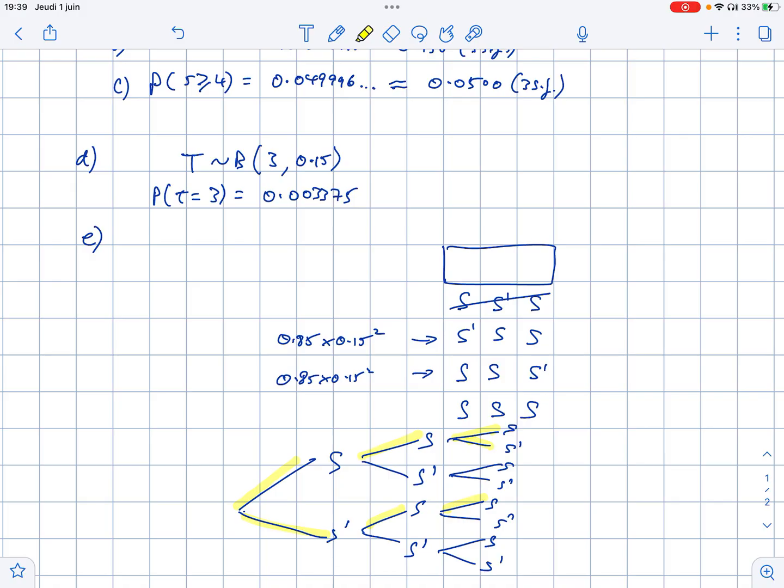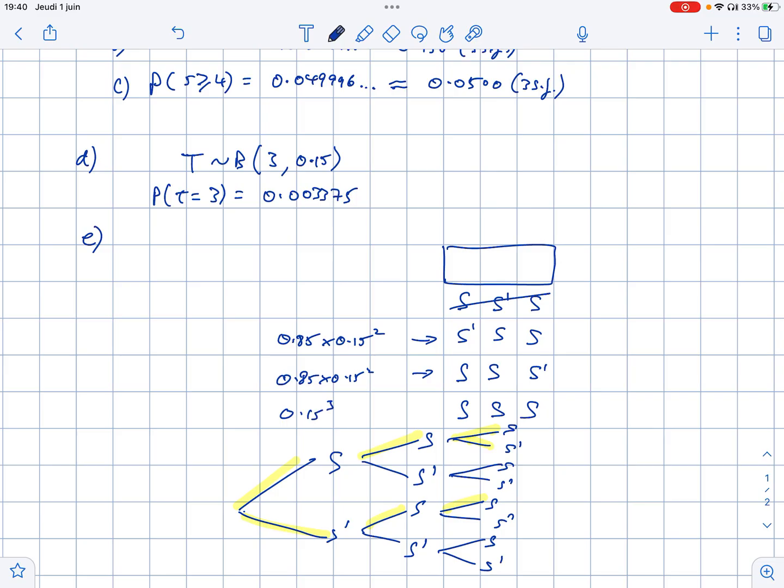It's not a valid outcome. So now these are the same as doing this one and this one. And then if you want to do this one, it's the one at the top, which is 0.15 cubed.